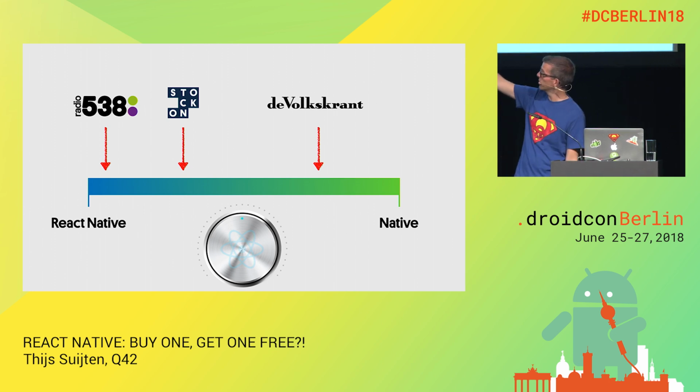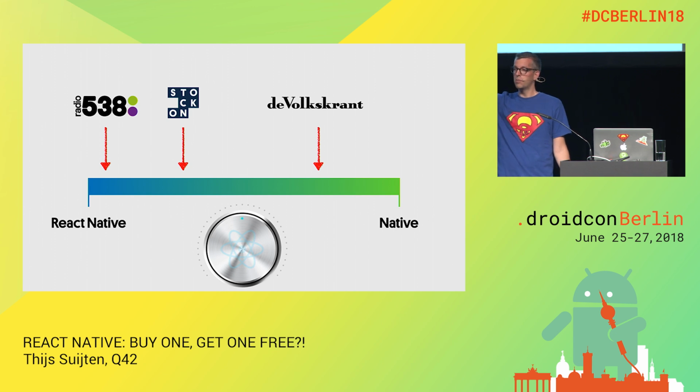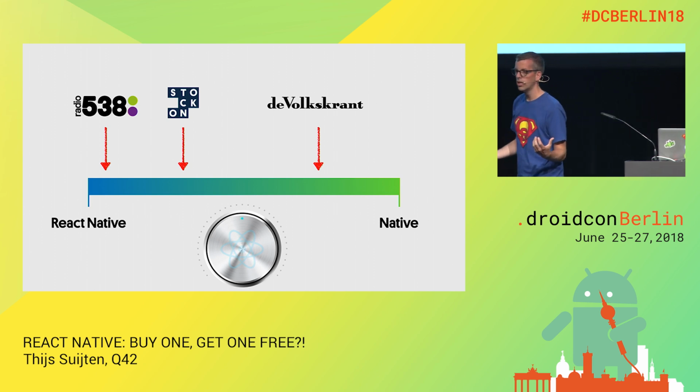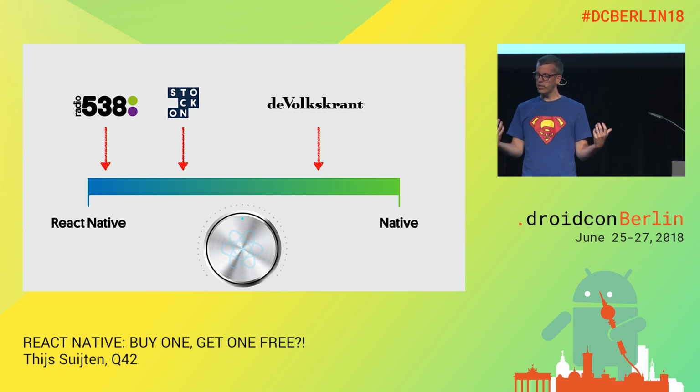So it was really heavy on the React Native side. As you can see, the arrow is not all the way to the left. That's because you almost always need some kind of native code, for example, for showing notifications, because React Native doesn't give you all the possible APIs that are available on Android or iOS. It gives you like the basics and the things that you need most.